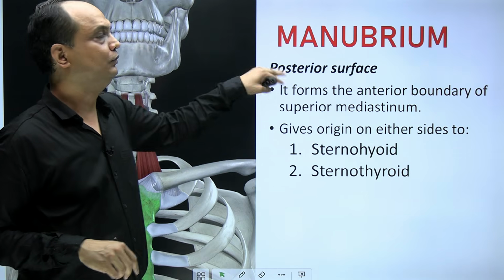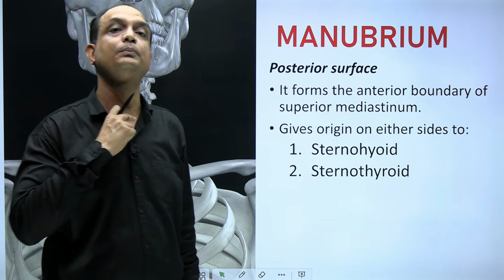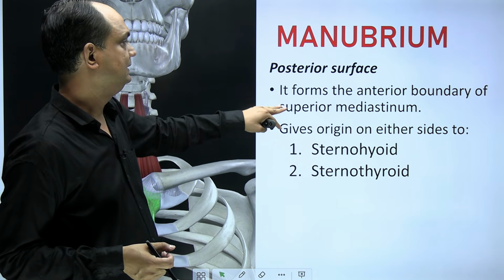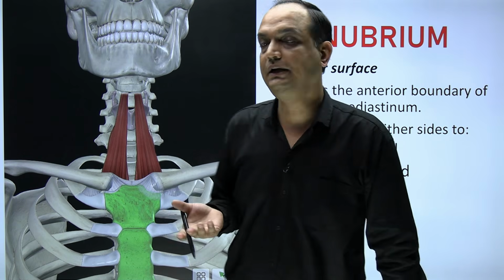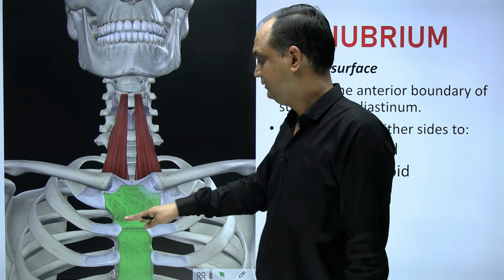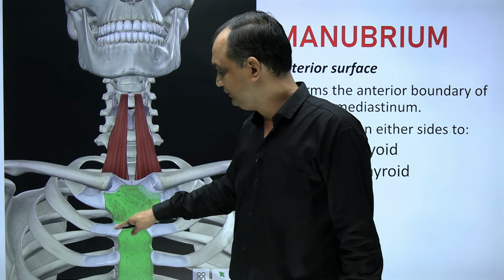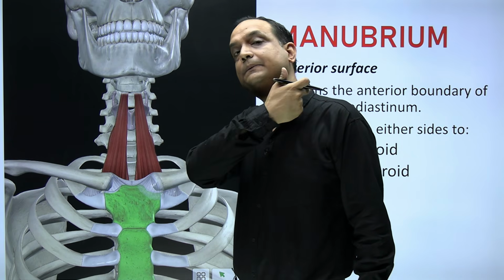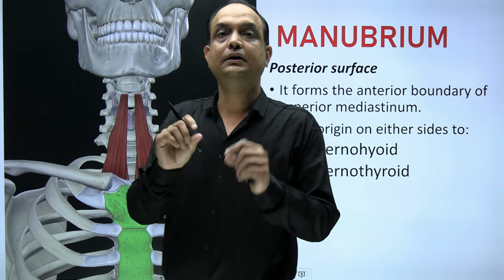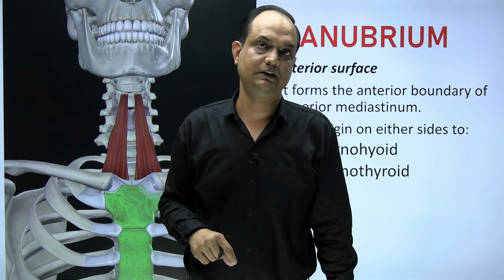Now when you move to the posterior surface or inner side of your manubrium, you will find that this is going to form the anterior boundary of the superior mediastinum. Now what is the superior mediastinum? You know that at the level of the sternal angle, we can draw a plane, and this plane posteriorly passes to the intervertebral disc between the T4 and T5 thoracic vertebrae.